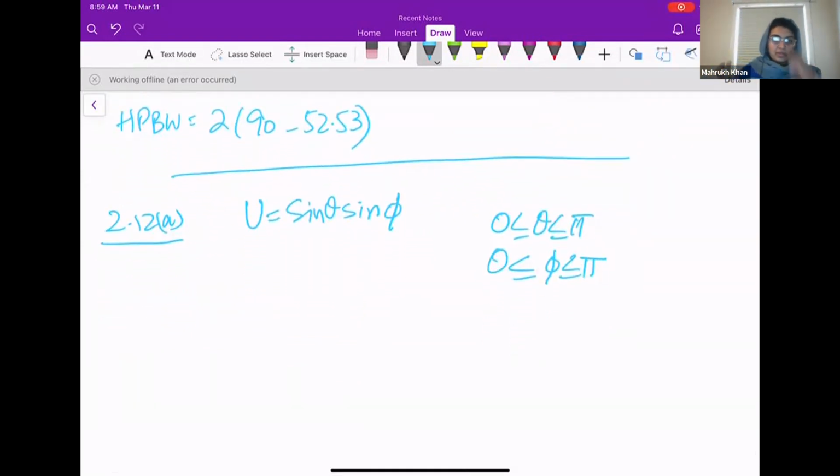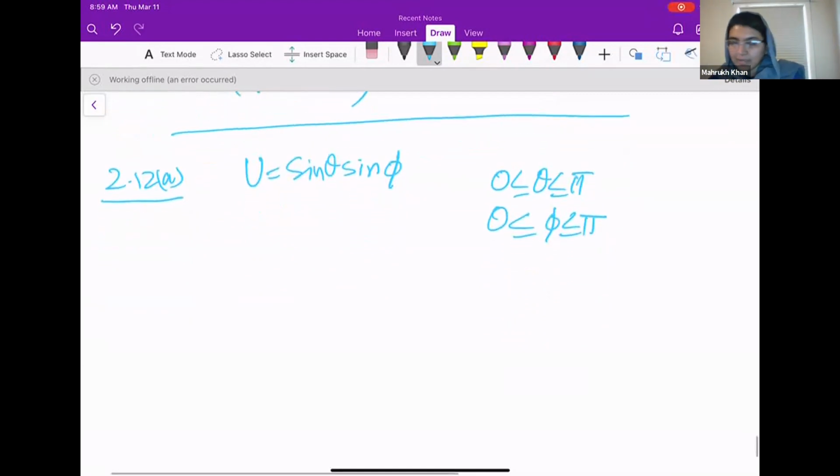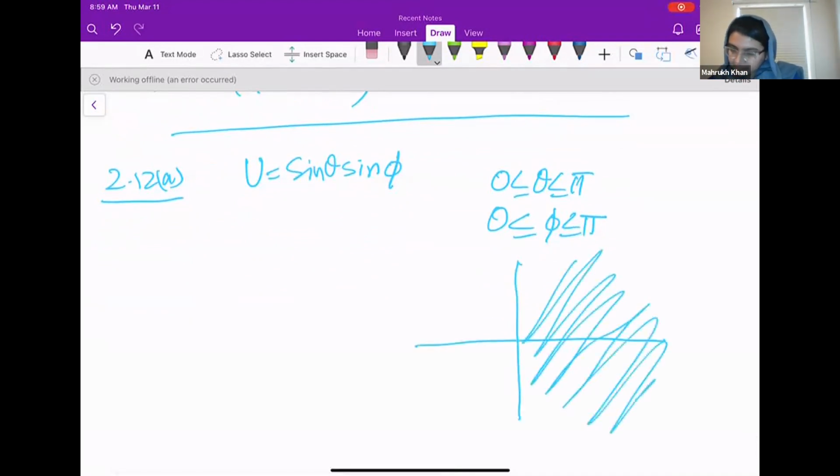Just remember that they did not mention phi as 2 pi. So you are talking about this area only, because here your theta is varying 0 to pi and your phi is varying 0 to pi as well.